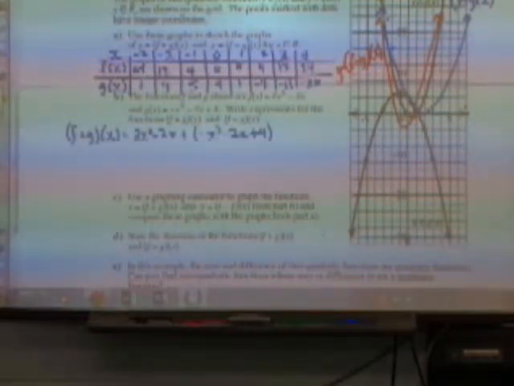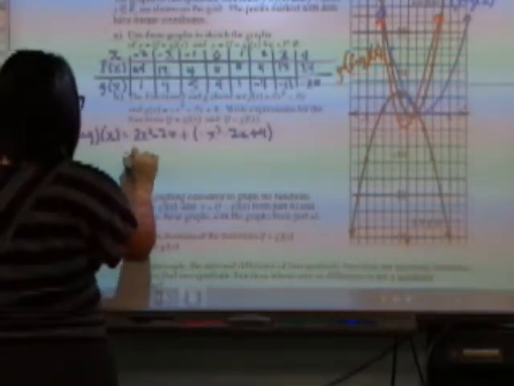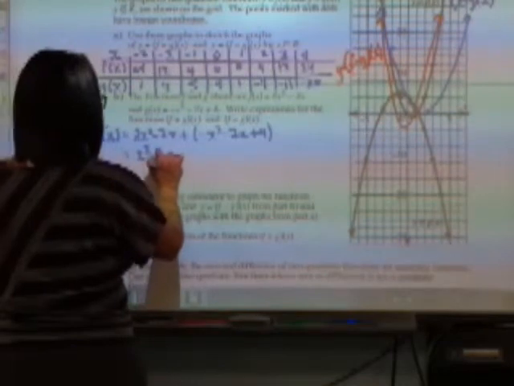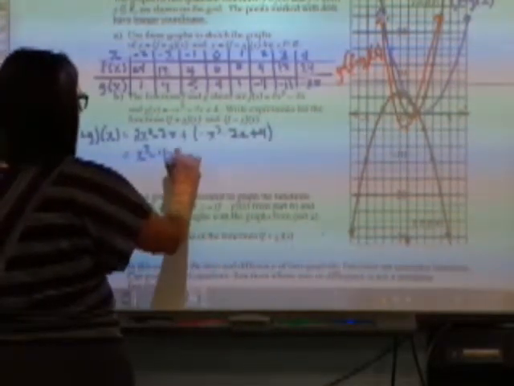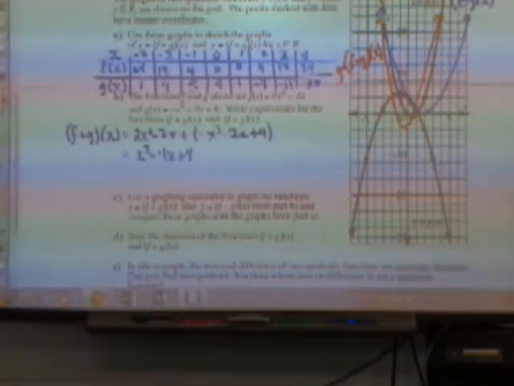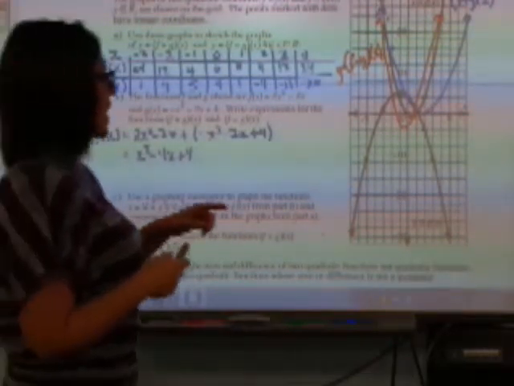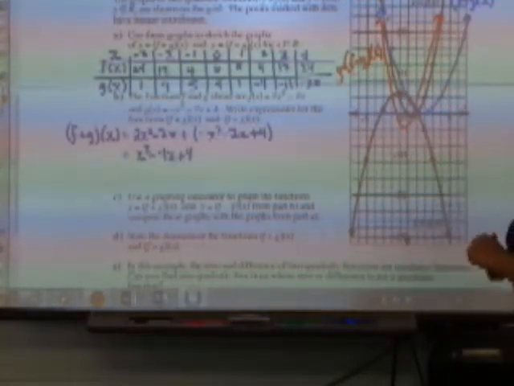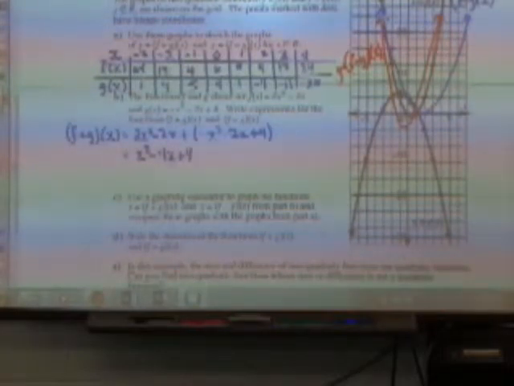So 2x squared plus -x squared would be x squared. -2x plus -2x. And then I have a plus 4. So I get x squared minus 4x plus 4. Which if I check this graph, which is in blue, that is that equation. That is that graph.